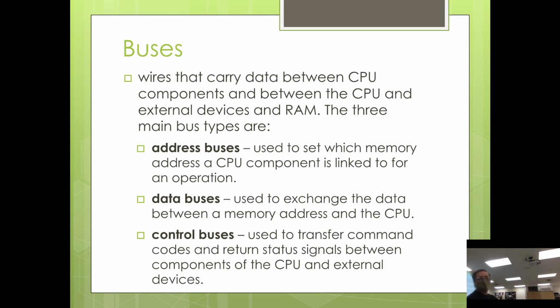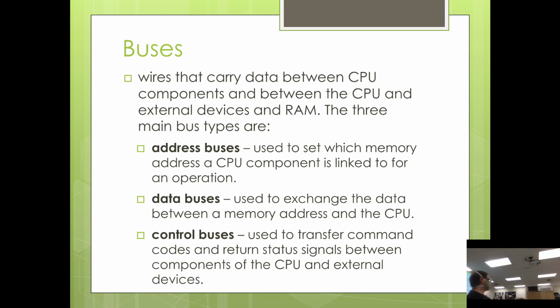And then the control bus is more focused on changing the state of those components, like telling the RAM, hey, I'm about to read from you, or hey, I'm about to write to you, or hey, graphics card, can you confirm that you've received this data? Is it okay for me to do the next thing?